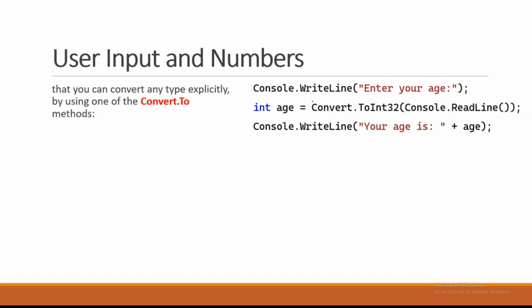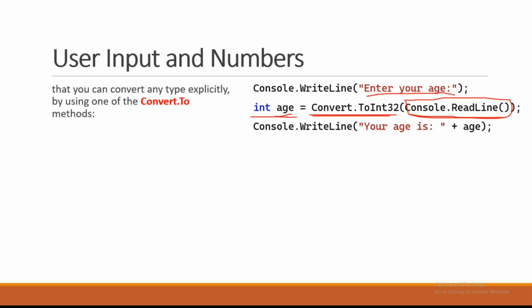Here it can be like this. We are going to show a message, and then we have to convert it, with parentheses where we get it from the user, and it will convert using this code and then assign to this variable. But here also, when the user enters a value, if it's not convertible, it will again show an error.